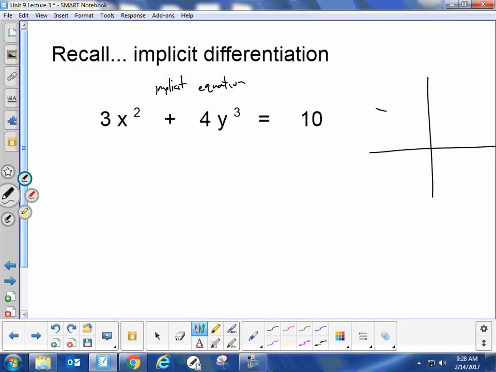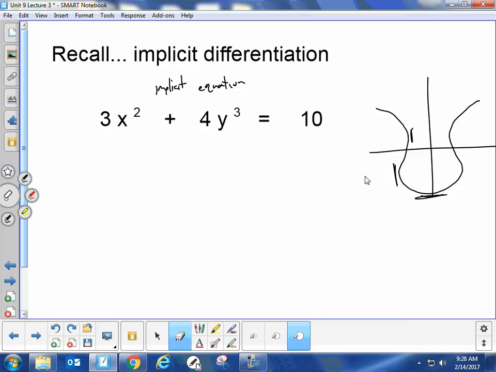We ended up looking at a graph that looked like the thing in the back of your throat. We found derivatives of them, and we found horizontal tangents and vertical tangents and stuff like that. Okay, and the key with these is that they're not functions. For a given x, there are multiple ways potentially.